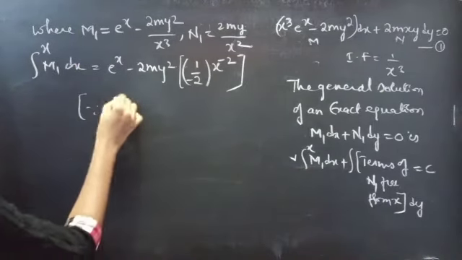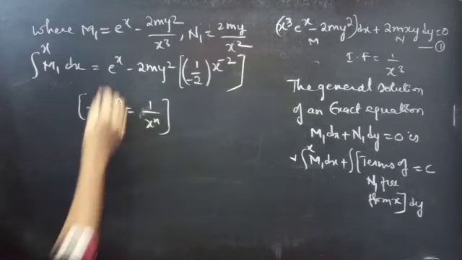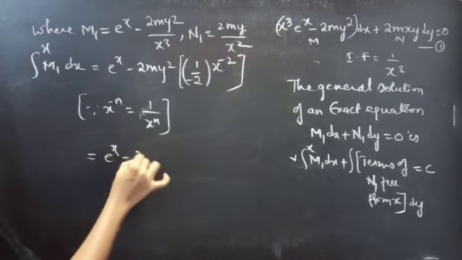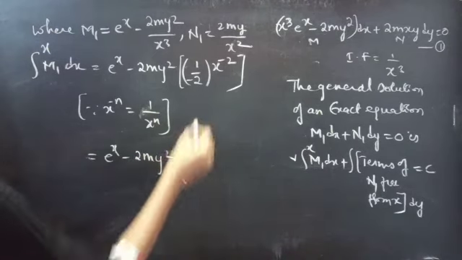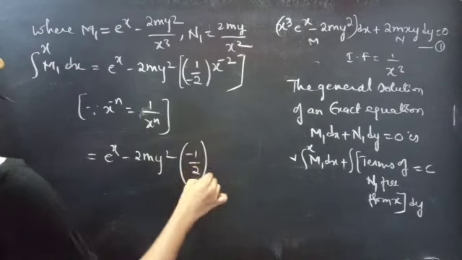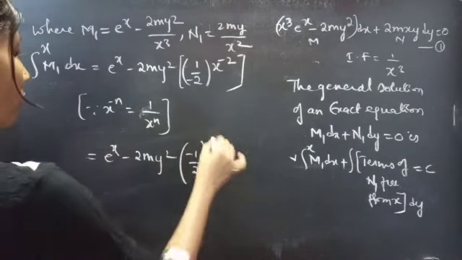Since x power minus n equals 1 by x power n, this becomes e power x minus 2my square into, you can write 1 by minus 2 as minus 1 by 2, into x power minus 2 as 1 by x square.